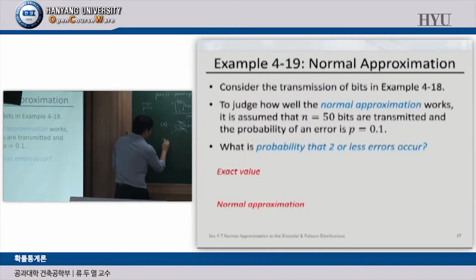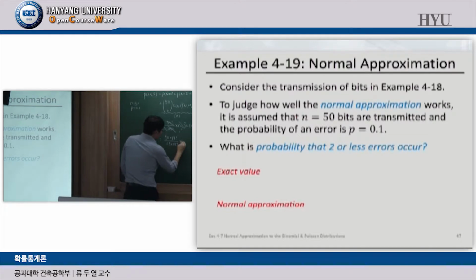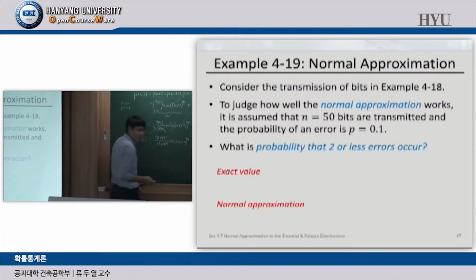And what about the B? 50 times 49 factorial over 1 factorial times 49 factorial, times 0.1 times 0.9 to the 49th power. Okay?